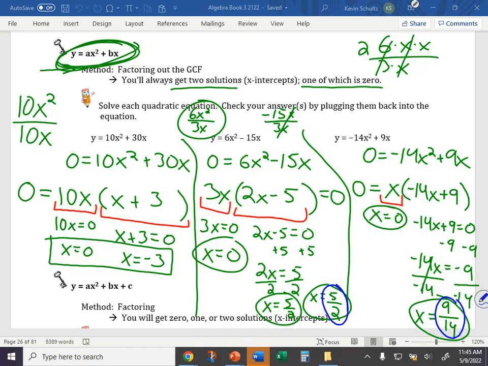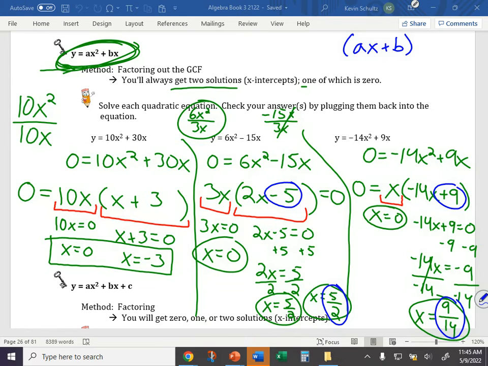It seems that if we have a parenthesis expression of ax plus b, just picking values there, what position does this number end up being in our final answer?